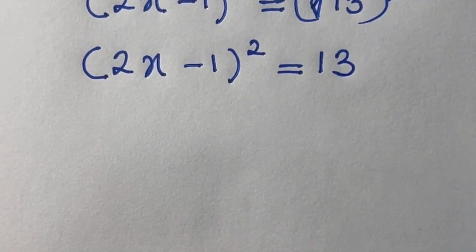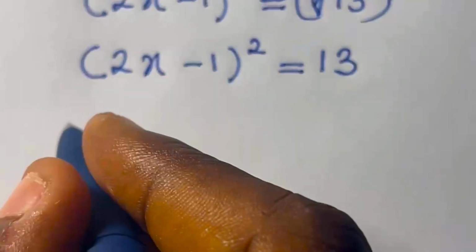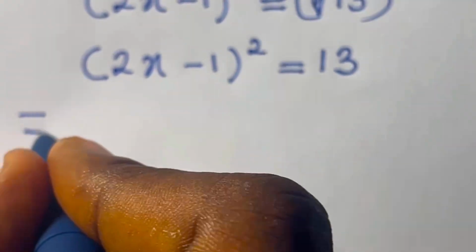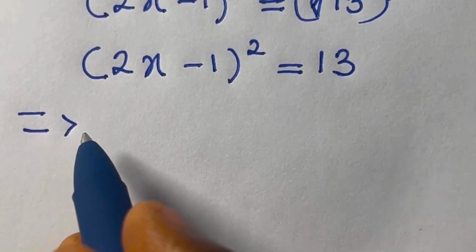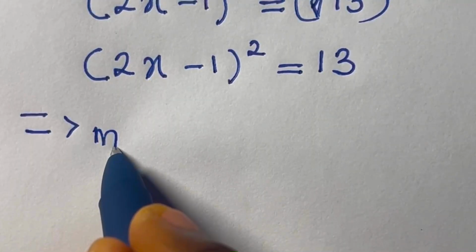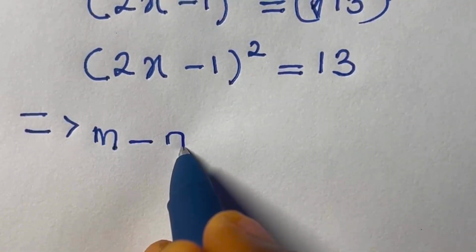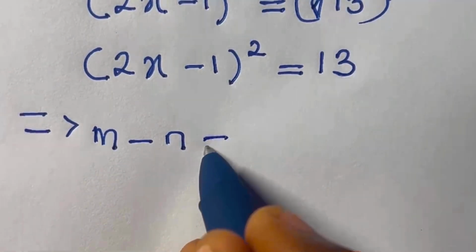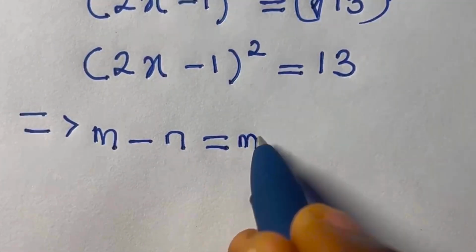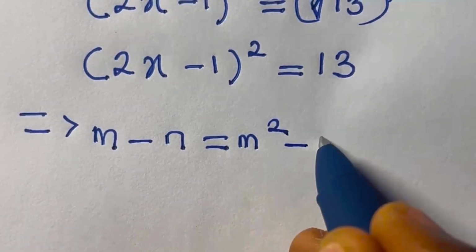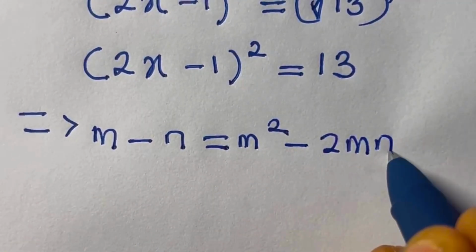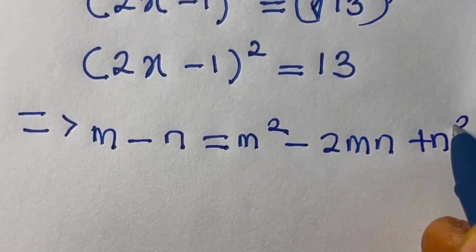All right. So now we should recall that if you have (m minus n) squared, this equals m squared minus 2mn plus n squared.